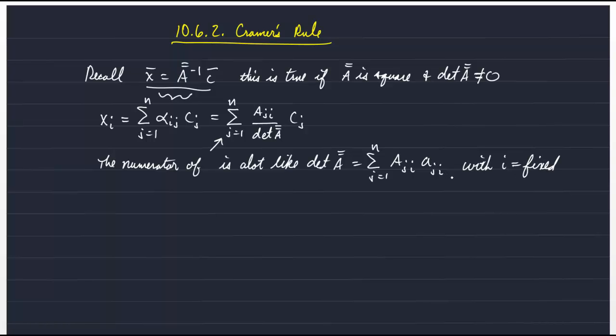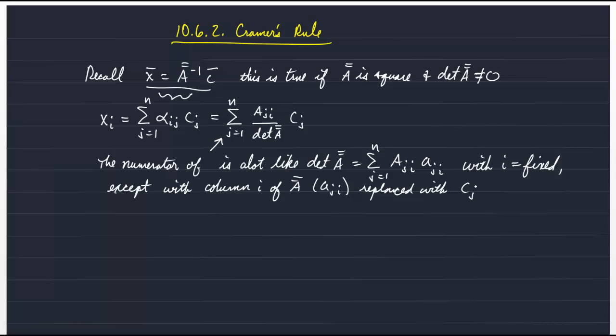So I is fixed at a fixed value and we're summing over J. So the numerator looks a lot like this, except with column I of A, so AJI is column I of A, replaced with the C vector, with CJ.